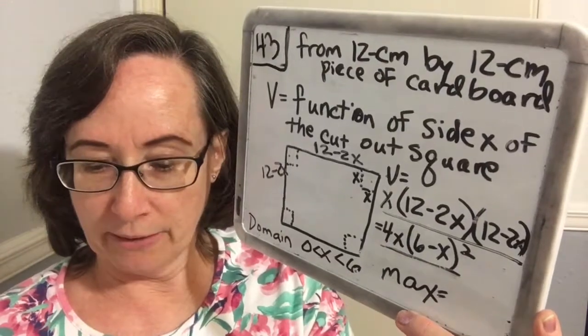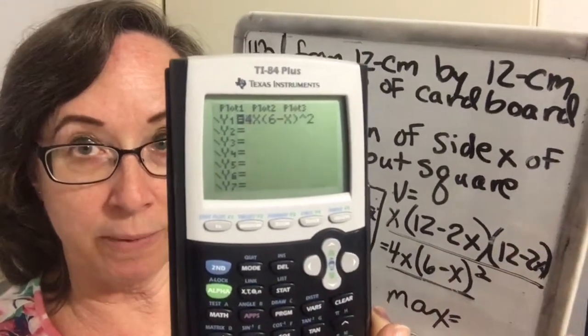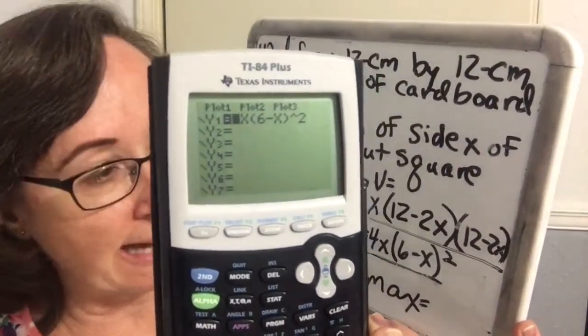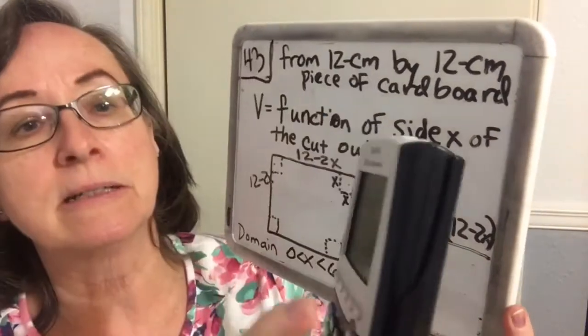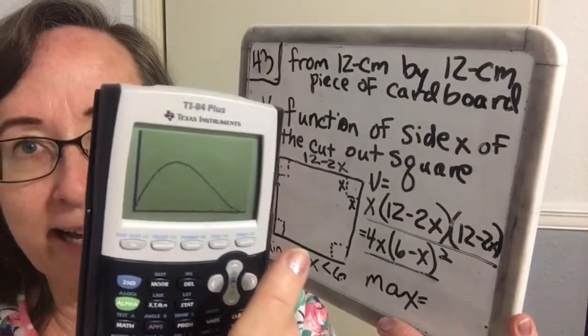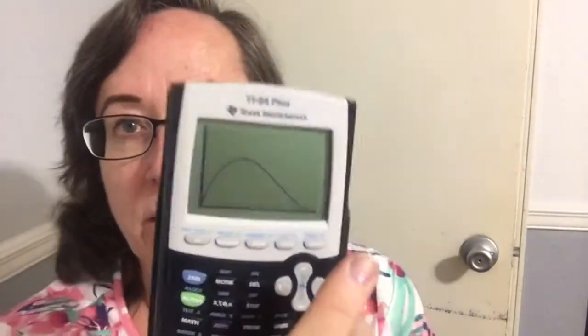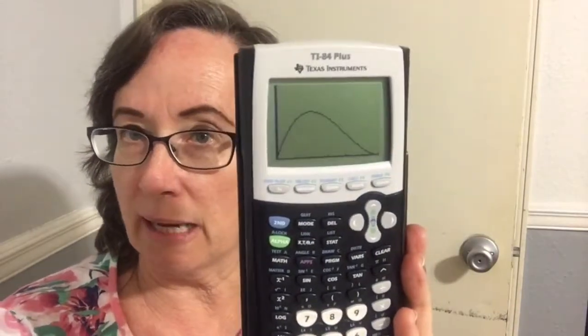So here is my y equals that formula, 4x times the quantity 6 minus x, quantity squared, and then I graphed it. So when I graph it, I get that cool little curve. It's looking like kind of a slanted upside down parabola.